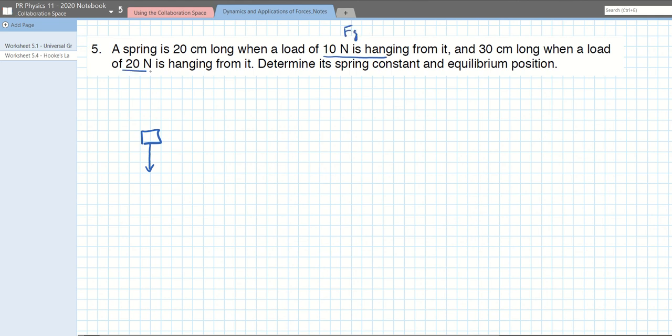These are our forces of gravity acting on them. And we're going to have the restoring force, which is the spring force, our F spring or elastic, Fe. So we already know the Fg value here. In the first case, it's going to be 10 newtons.